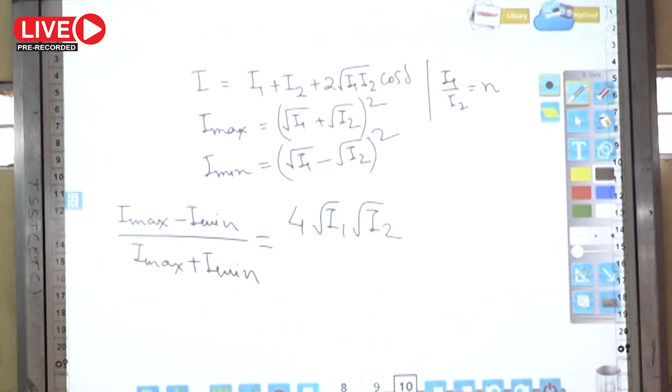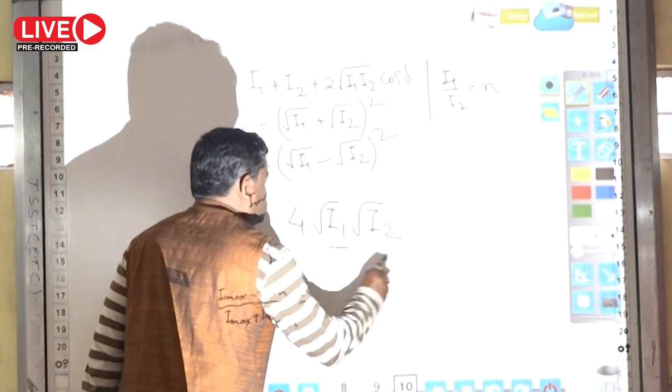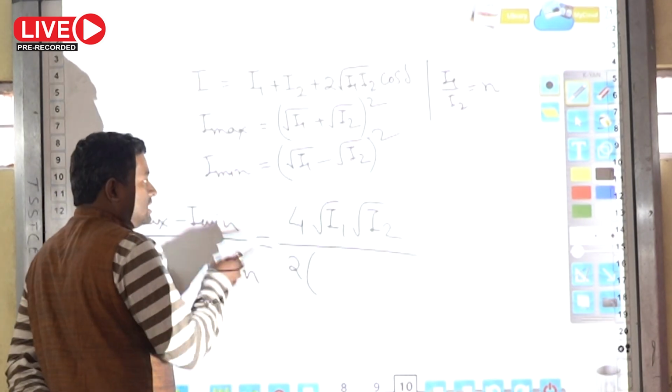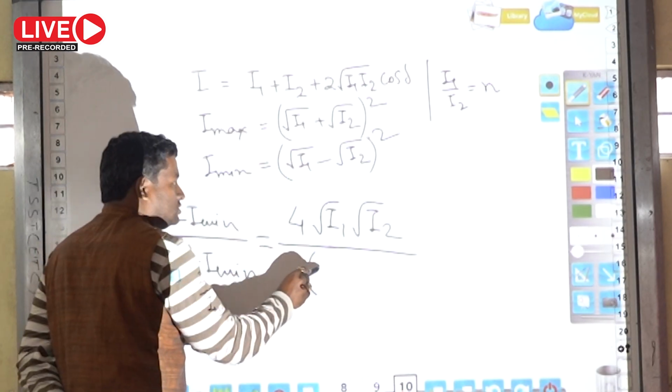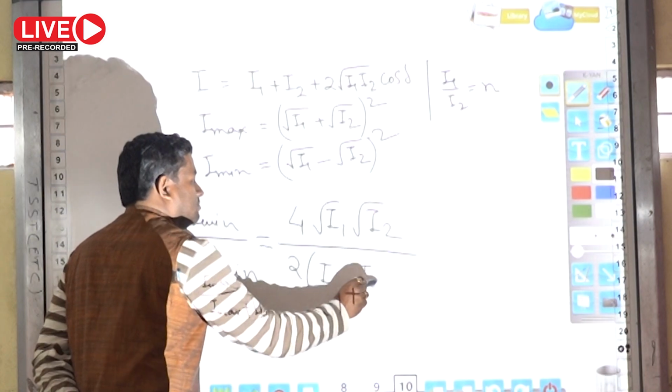Clear? And I max plus I min is (a plus b) whole square plus (a minus b) whole square, means 2 times (a square plus b square). But a is root I1, so its square will be I1, plus I2.